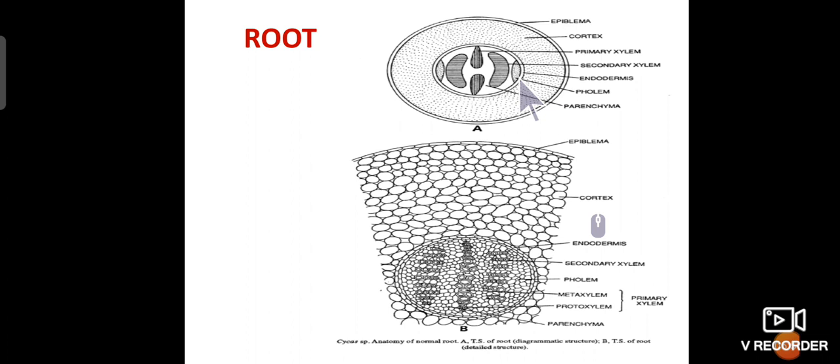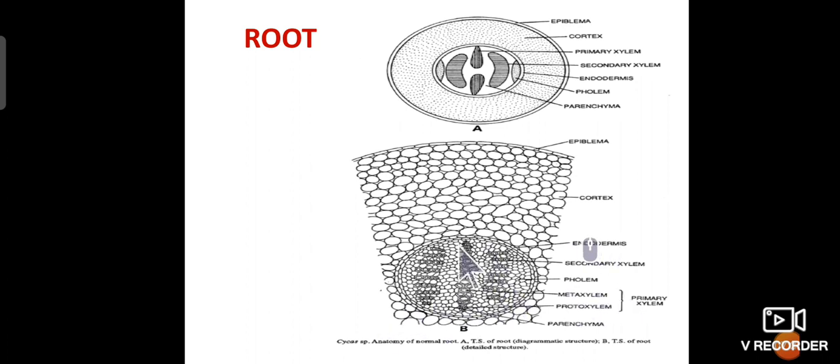You can see here that the xylem, in this case, is also known as exarch. So what do we mean by exarch? You can see in this first figure, figure A, or even in figure B, that the metaxylem grows towards the center, whereas the protoxylem is growing towards the periphery.